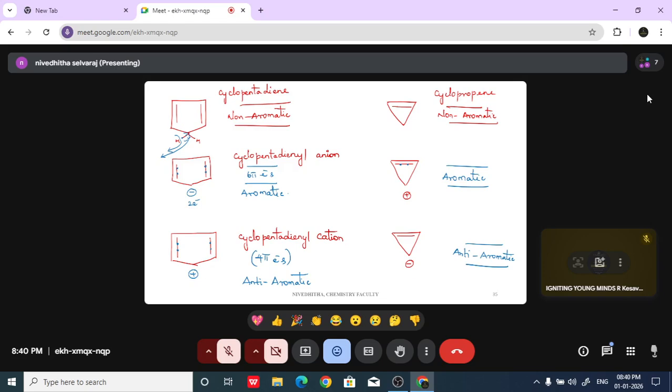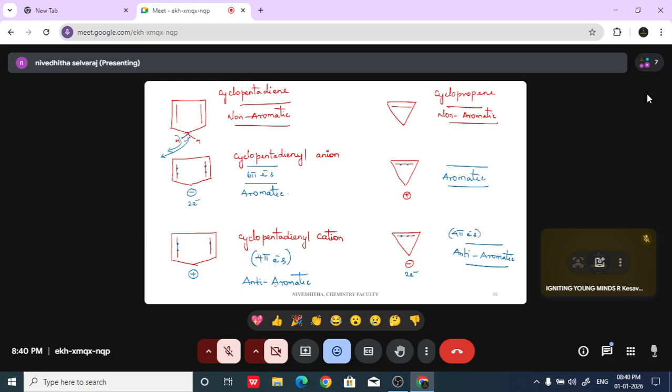So how many electrons will we have in that negative charge? Two, ma'am. In this, 4 pi. In the negative charge we have two electrons, and here also we have two electrons. So this negative charge helped in our resonance or conjugation. So we have 4 pi electrons.